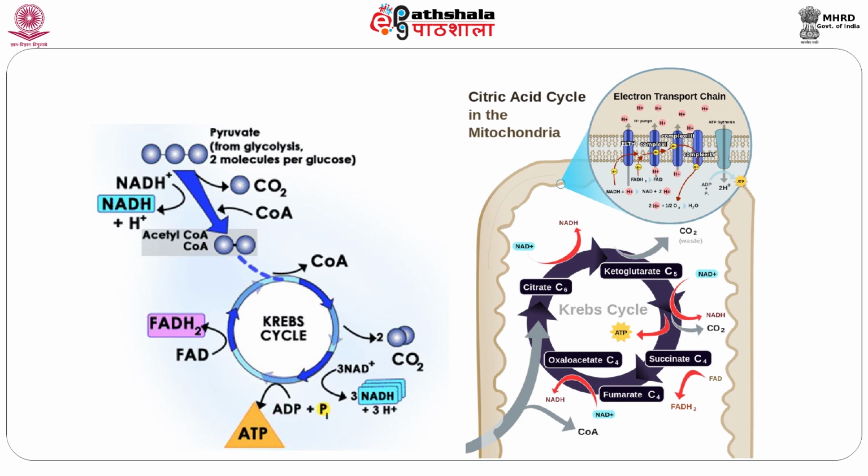During the 8 reactions that take place for every molecule of acetyl-CoA, the cycle produces 3 NADH, 1 FADH2 along with 1 molecule of ATP. Now, this picture shows the overall reactions and formation of both NADH and ATP.